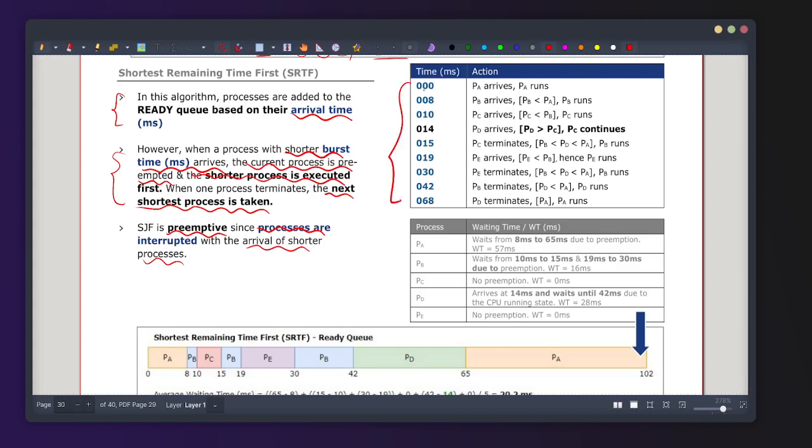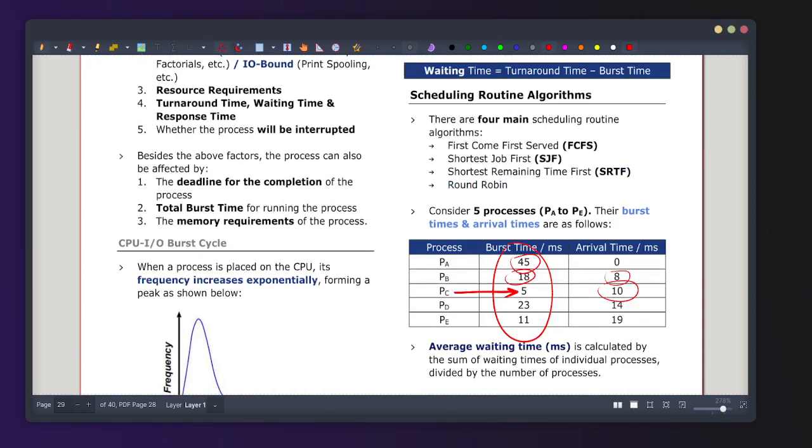In this table, at time 0, process A arrives and runs. Does it finish running? No, it does not. Soon after, while process A is running, at 8 milliseconds, process B arrives. Remember, the arrival time of process A was 0, but its burst time is 45 milliseconds.